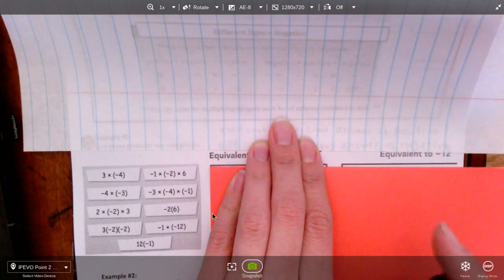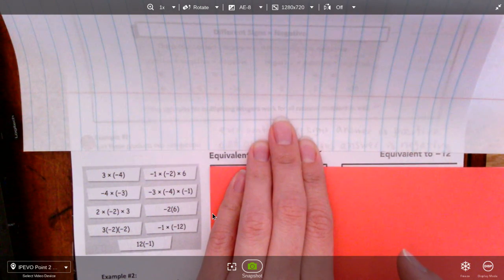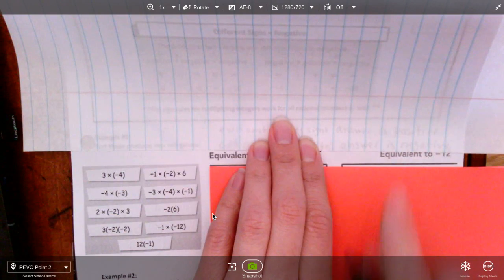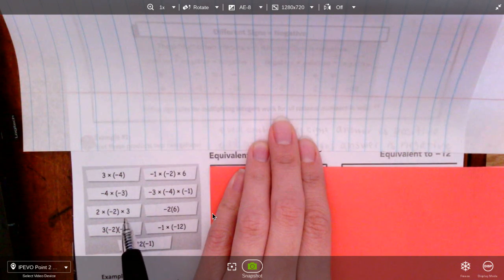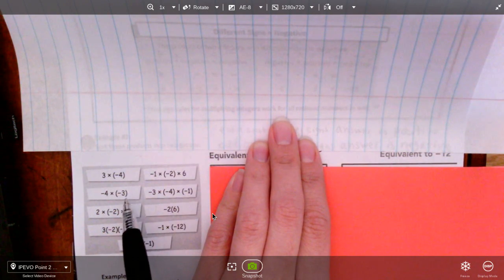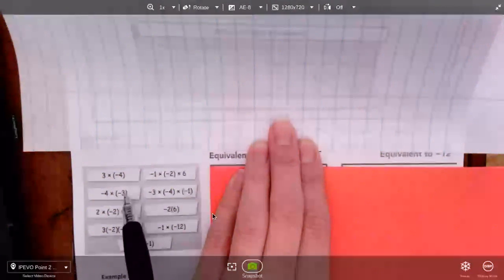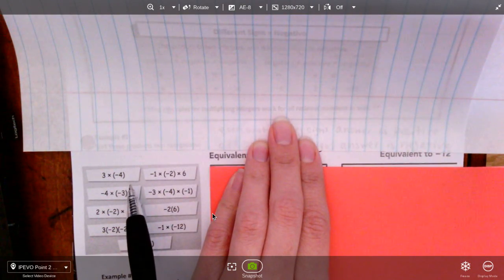Out of the numbers 1, 2, and 3, 1 and 3 are odd numbers, and 2 is an even number. And where that is important is that we will know the sign of an expression regardless of calculating it out. If it all has multiplication and division, you will always know what the sign of your expression is going to be based on the number of negative signs.